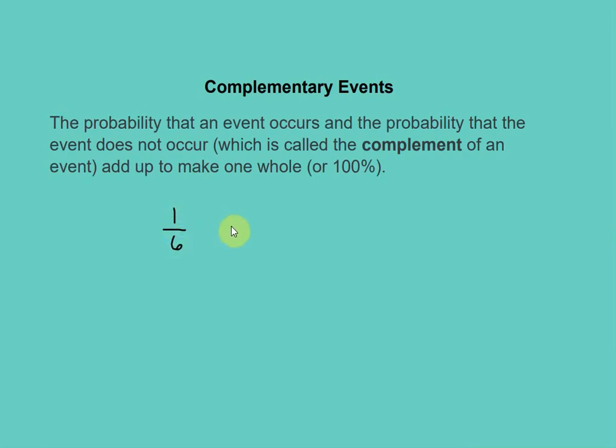Well, for the probability of not rolling a 3, there are 5 other sides that don't have a 3 on it out of 6 total sides. And if we add that up, that gives us 6 out of 6, which is 1 or 100%. So the probability of an event occurring plus the probability that it does not occur add up to be 1.